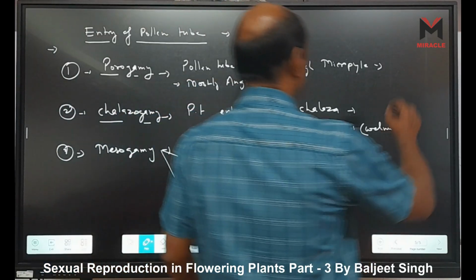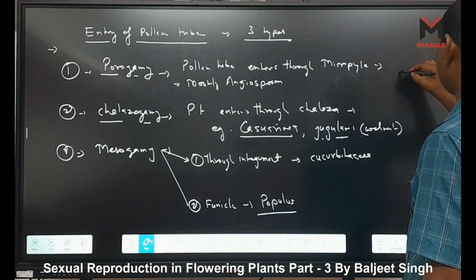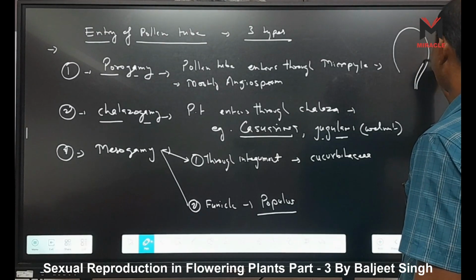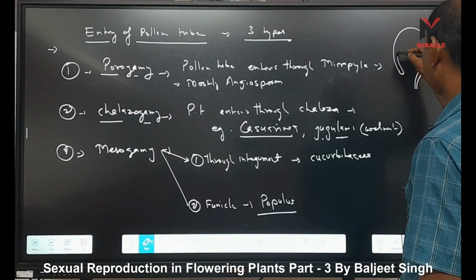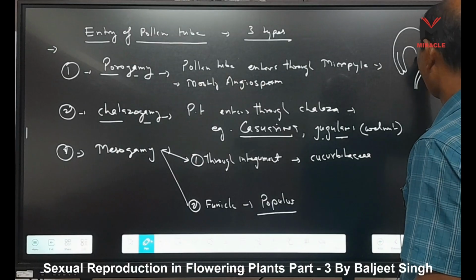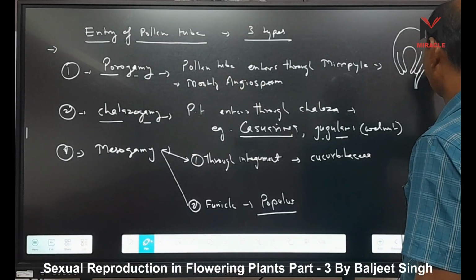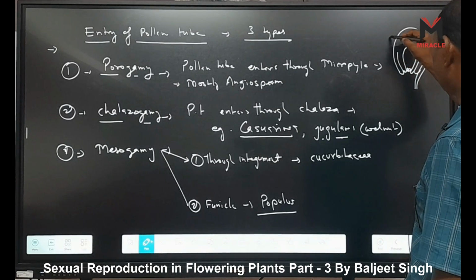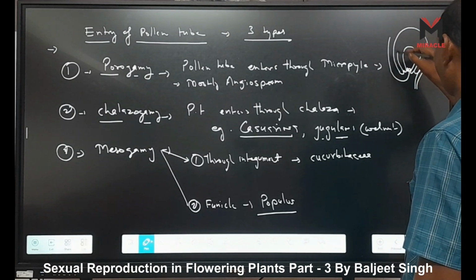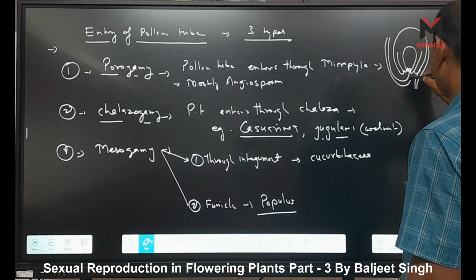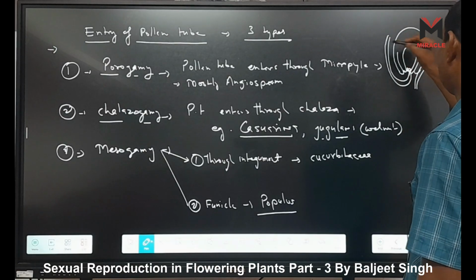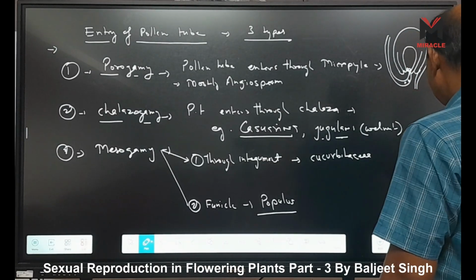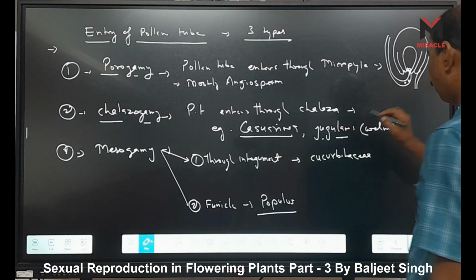Porogamy is what? Look here. Suppose that this one is our ovule. This is micropyle. Pollen tube enters through micropyle. This is the pollen tube, right? Second, it is chalazogamy, like this one.